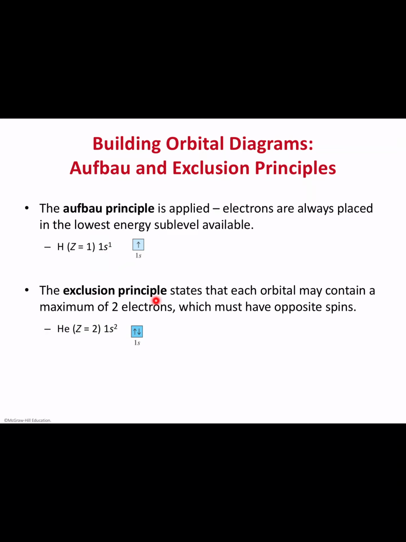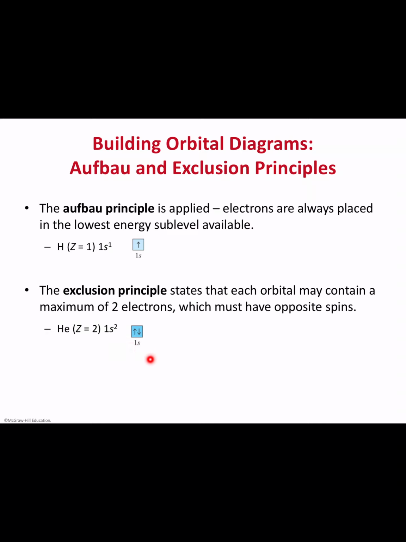And the exclusion principle states each orbital may contain a maximum of 2 electrons, which must have opposite spins. So now if you take helium, helium has 2 electrons. The 1s is an orbital in which you can put 2 electrons, so the 2 electrons of helium are going to be inside this 1s orbital. Atomic number 2, so the electron configuration of helium would be 1s², like this.